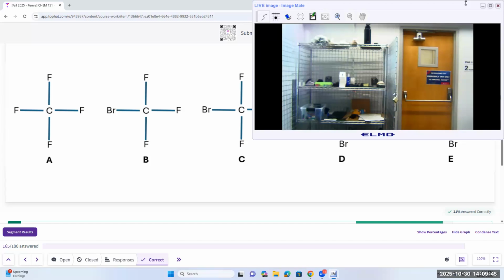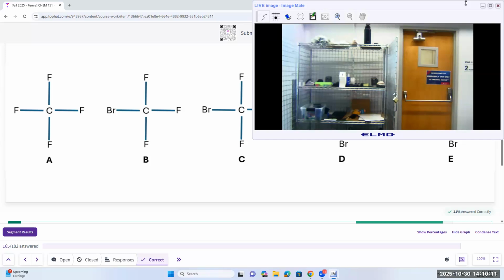If you replace one, two, or three of them with another atom, it's going to be a polar molecule. That's why the B, C, and D molecules are polar, because there will be a net dipole moment. On the other hand, A and E, which are perfect tetrahedral molecules, are non-polar.